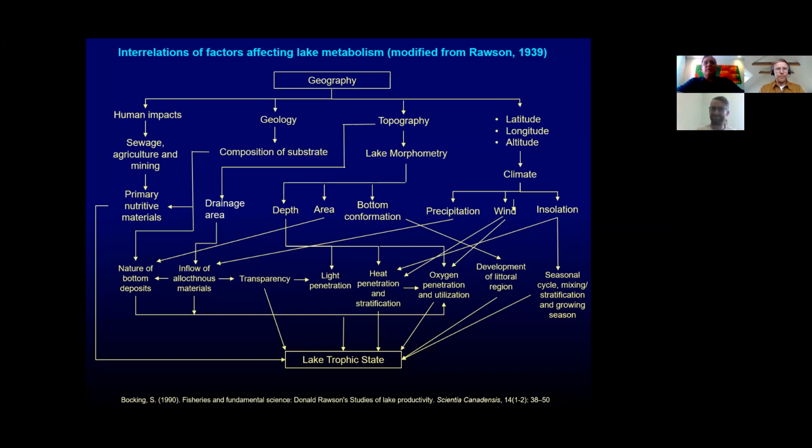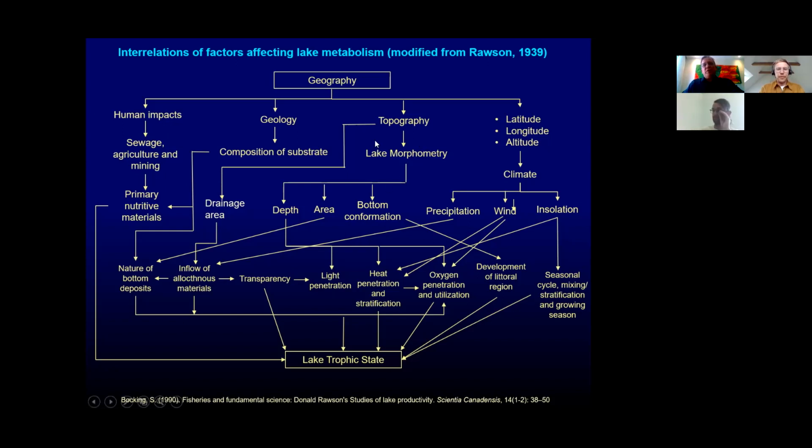At the beginning of the book, Professor Cole showed this diagram of Rawson from 1939 that showed the geographical influence of several different factors that influence lake trophic state: basically the geography in terms of latitude and longitude, that rules the climate in terms of precipitation, wind, and insolation, in such a way that it provides the distribution of heat and solid oxygen, and the seasonality of lake temperature and the other factors that rule the trophic state.